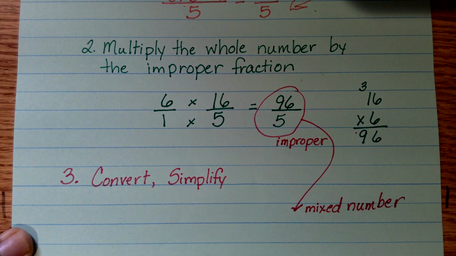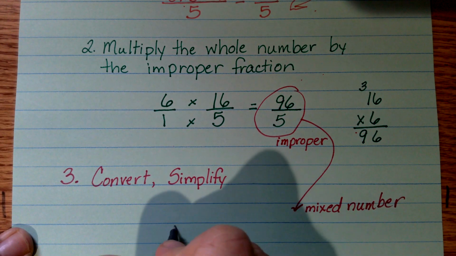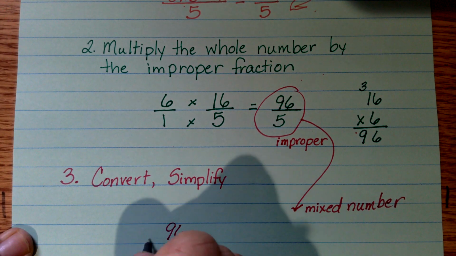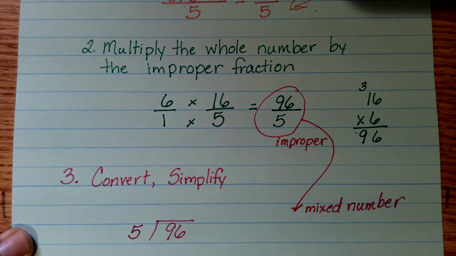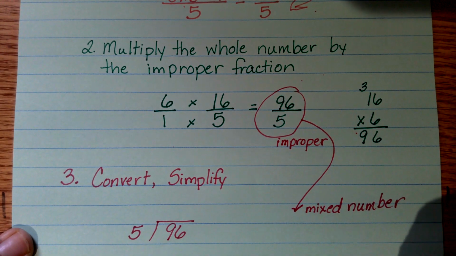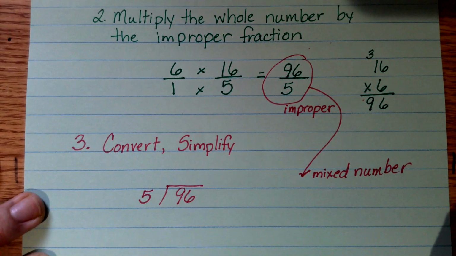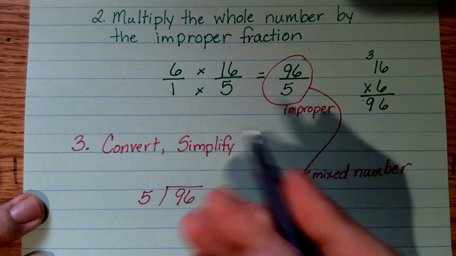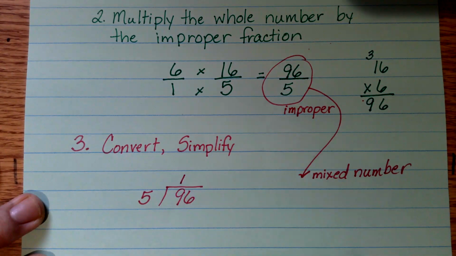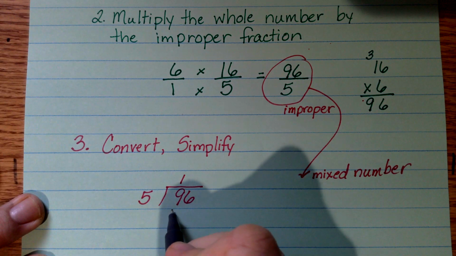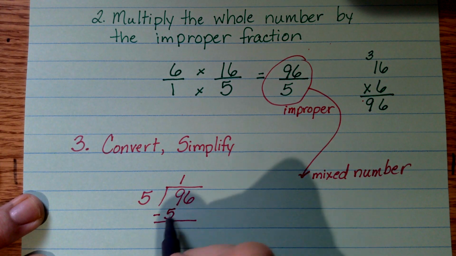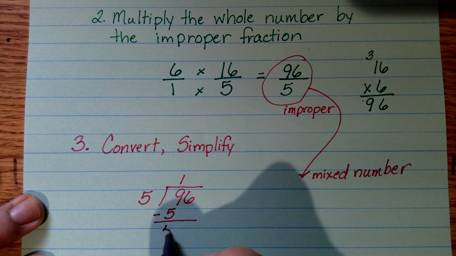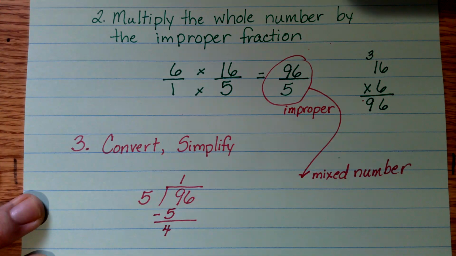The way that we do that is by dividing our numerator by our denominator. So I know that 5 can go into 9 one time without going over. 5 times 1 is 5. So I'm going to subtract. That leaves me with 4. 9 minus 5 is 4.